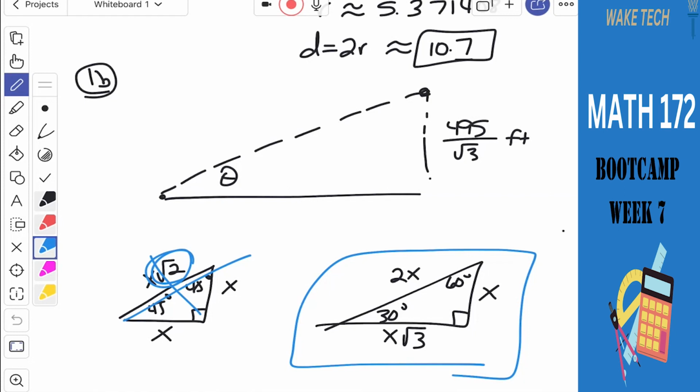And so just looking at this, if we apply the 30, 60, 90 rule, let's say the bottom side here is 495.